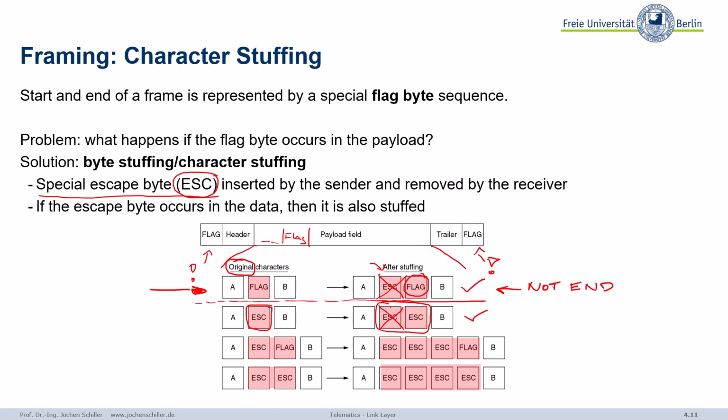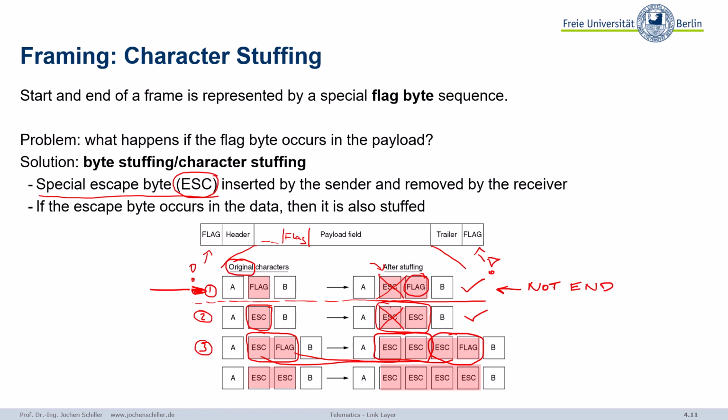Okay, but what happens if we have exactly the combination escape and flag? The rules are very simple. We stuff the escape, as shown here. Number 2; number 1 was our stuffing of the flag. Now in situation 3, we see the escape. We stuff the escape. Okay, we have 2 escapes now. We see the flag. We also stuff the flag with an escape.